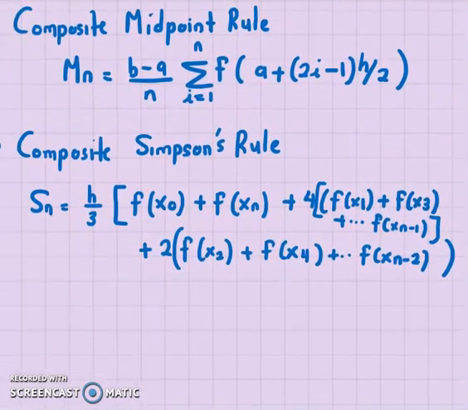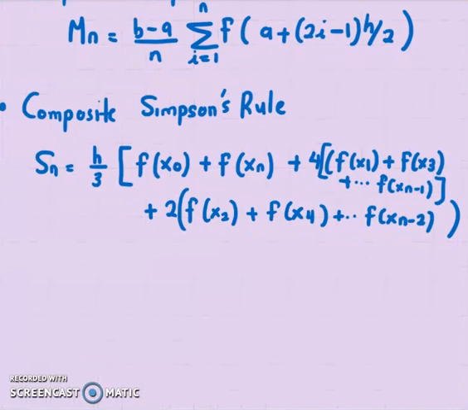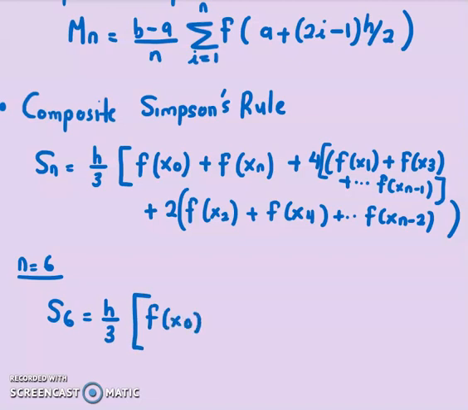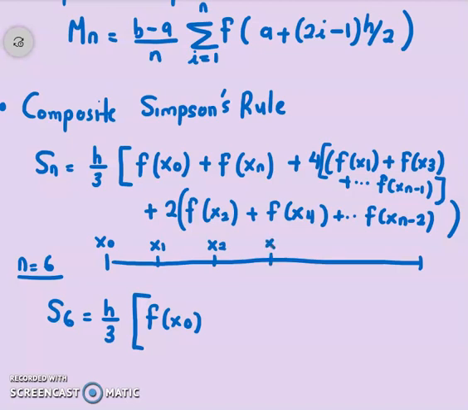If you're not clear, let me give you an example for n equals 6. I have S6 equals h over 3 times f(x0). We have x0, x1, x2, x3, x4, x5 and x6, so we have 6 intervals.